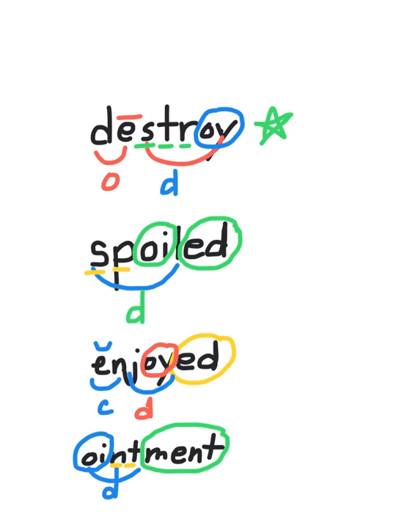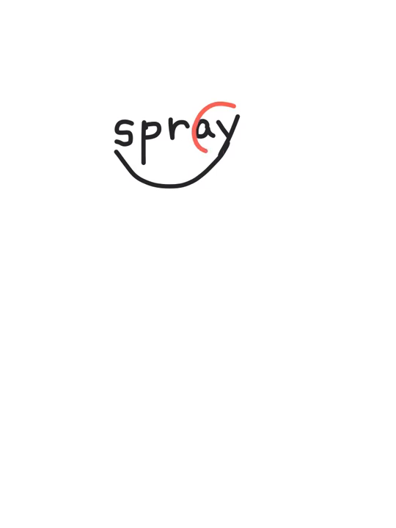Let's do one more example. Let's do some of the other double vowels that you've been studying in the last couple of weeks. Let's try the word spray. We can see AY, play, long A, spray. So we circle AY, we write double vowel, and then we can mark our SPR blend.